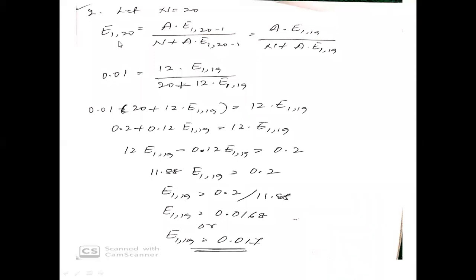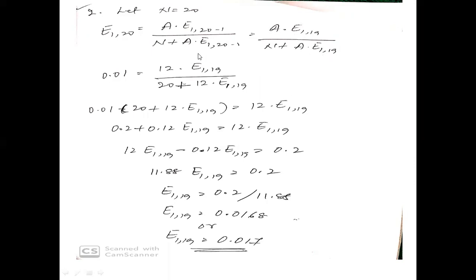From the definition of the iterative formula for the first Erlang distribution, which says E(1,n) is equal to A times E(1,n-1) over n plus A times E(1,n-1). I have taken n directly over here, which is 20. Just moving on with the equation, you'll get this equation.